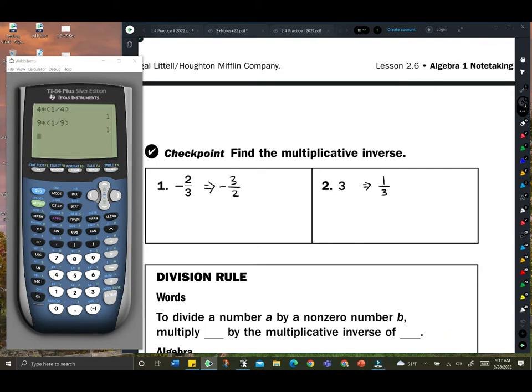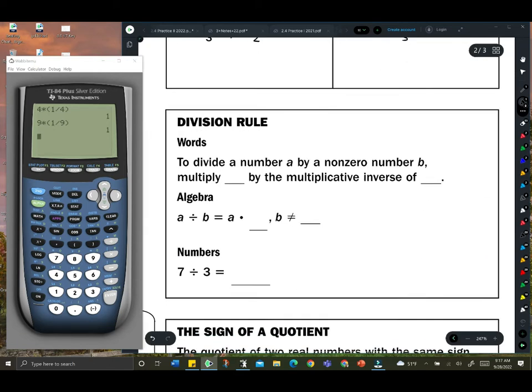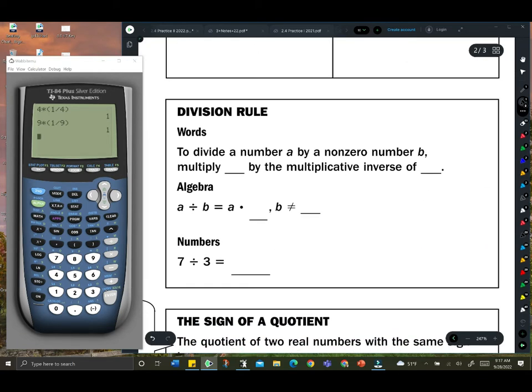Now, division. Really what division is, it's multiplying by the reciprocal. So I'd like you to write that. Division is really reciprocal multiplication.